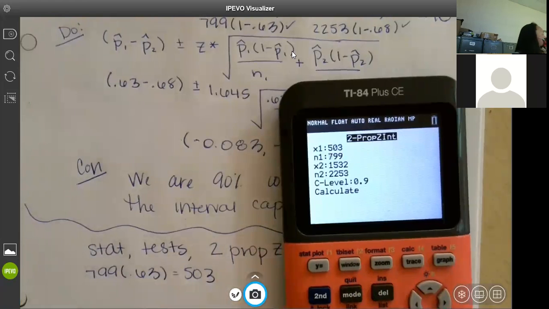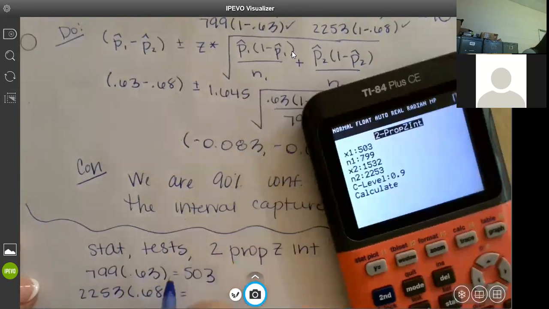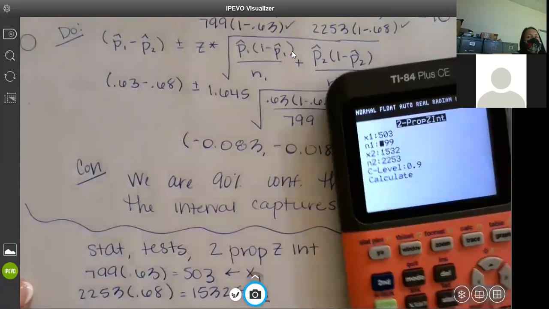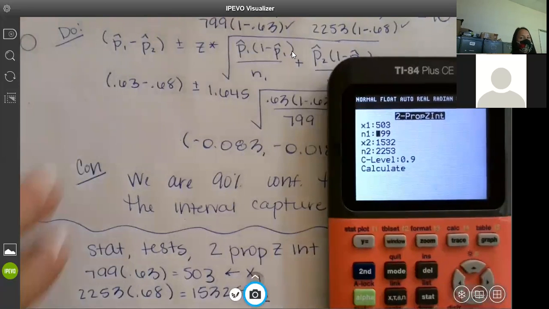Then your sample size for the first one was 799. The 1532 is from 2253 times 0.68, and 2253 was your sample size.